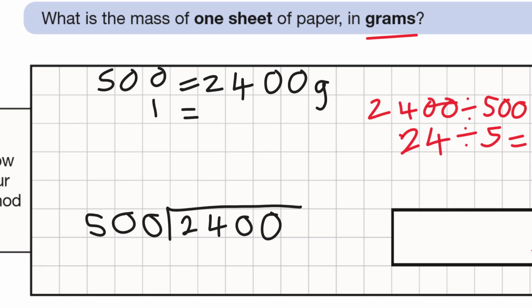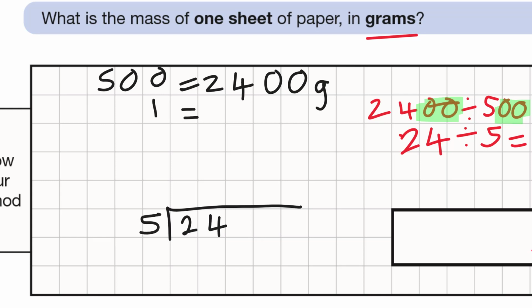What we've done is we've made this number 100 times smaller and this number 100 times smaller. It will be the same answer, and I'll show you why. So we're going to change this to 24 divided by 5.